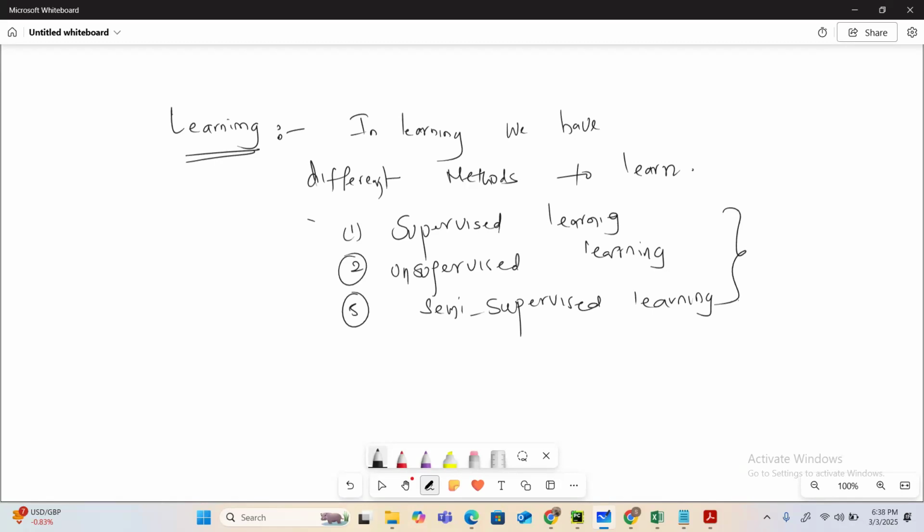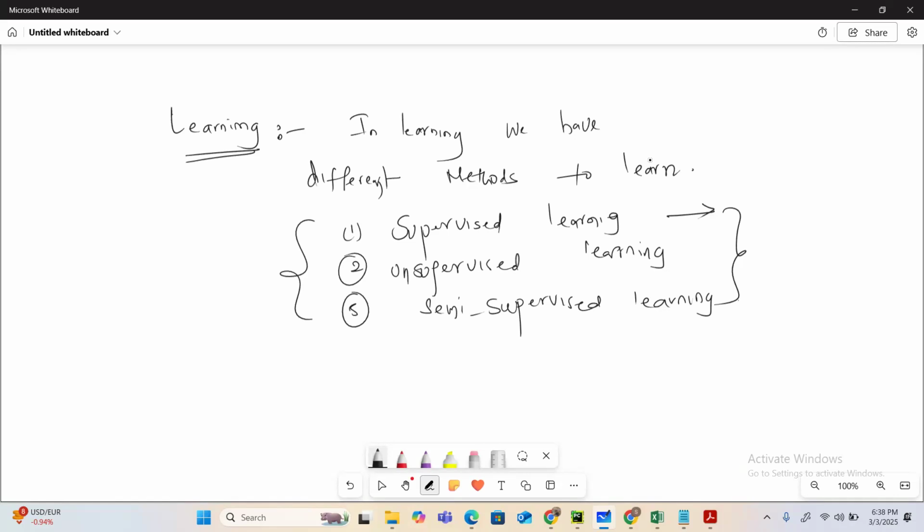Can somebody give me an idea about what these learnings are all about? The answer can be wrong or right, it doesn't matter to me. What is semi-supervised, supervised, and unsupervised learning? It's a good learning method where we connect with people like you, sir. From your side, we'll get knowledge about supervised learning.